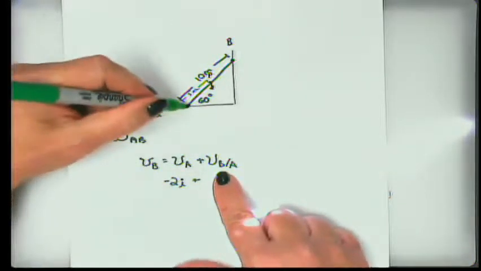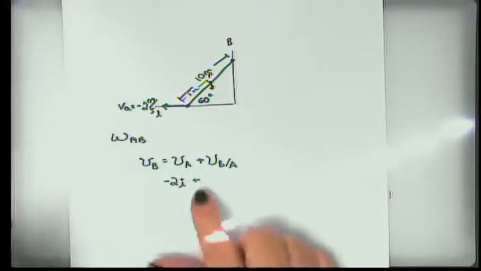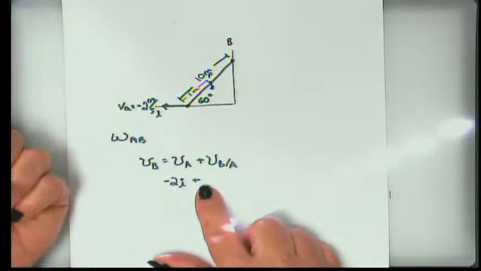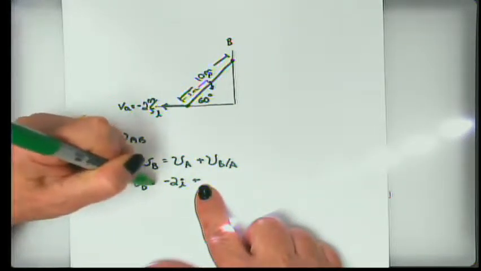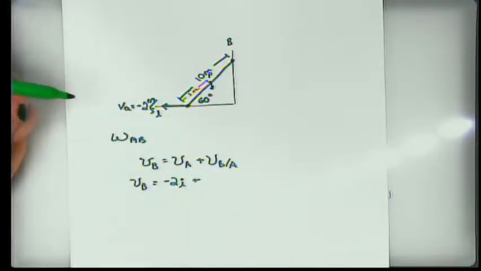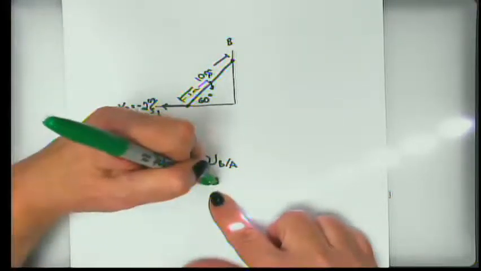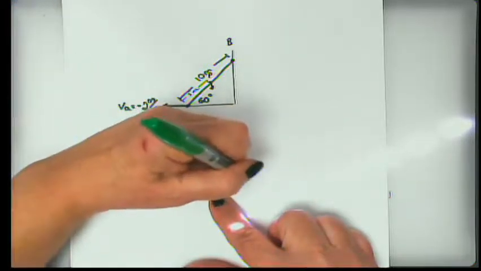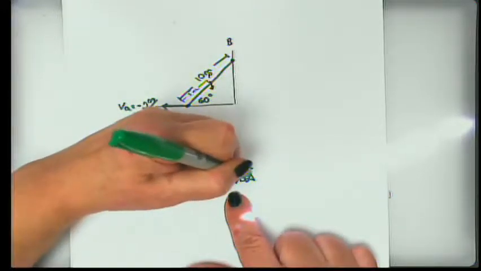And if we think about this as rotating around, it's a counterclockwise rotation, so we know that it's going to be positive, but we don't know what the value of that is. But we can say that the velocity of B is equal to negative 2I plus omega of the ladder crossed with, I guess it would be the vector BA, because that's going to be my R value, or A to B, I guess, is what I really want to do.